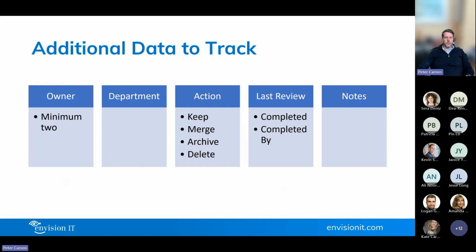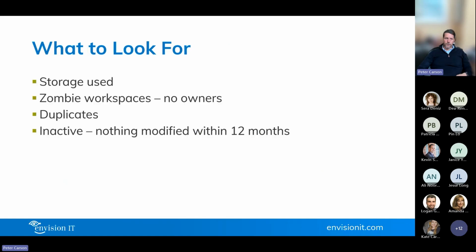So coming back to, what are the things that we were looking for as we're making those decisions? So storage used is obviously an important metric, but it's not going to decide, it's going to influence. That concept of a zombie workspace, so there's no owners, does it really need to exist, or do we need to find some new owners for it? Or should it be deleted or merged or such?